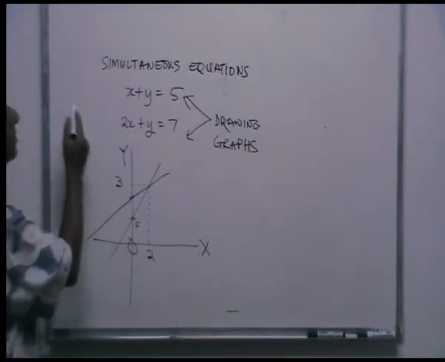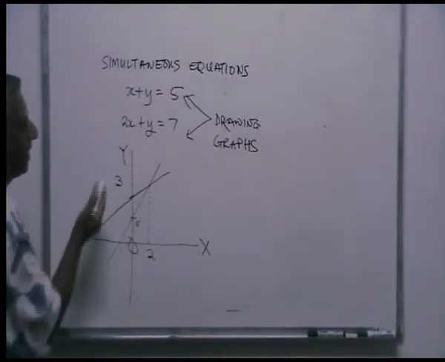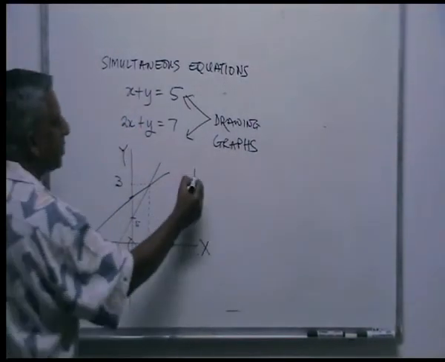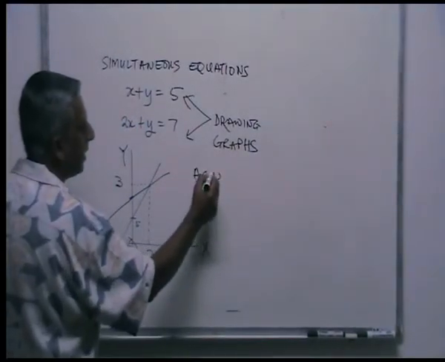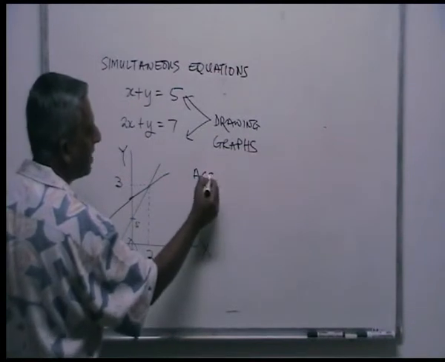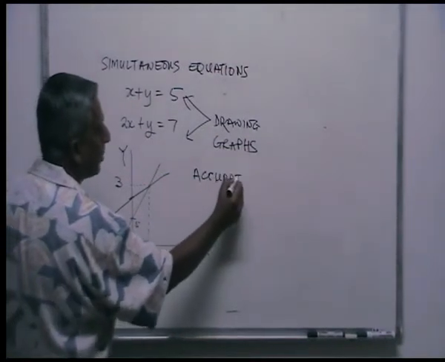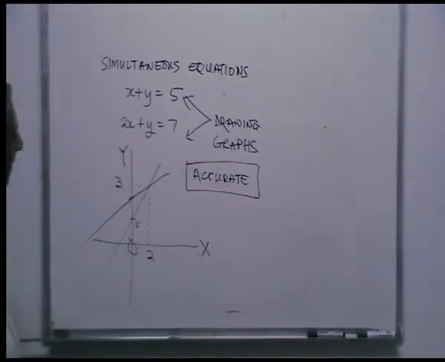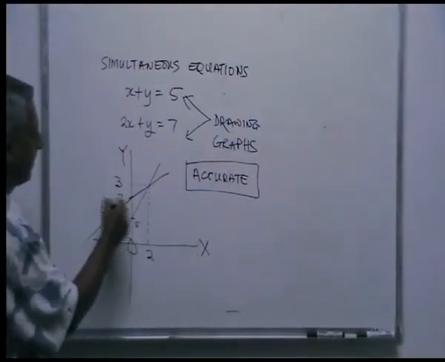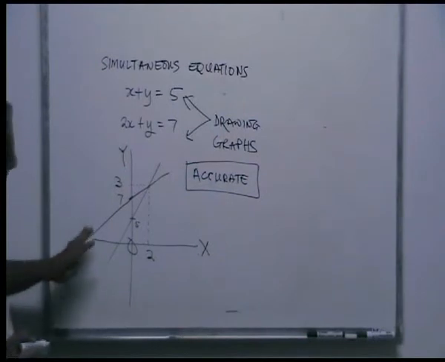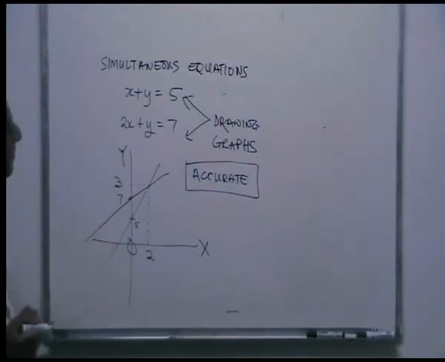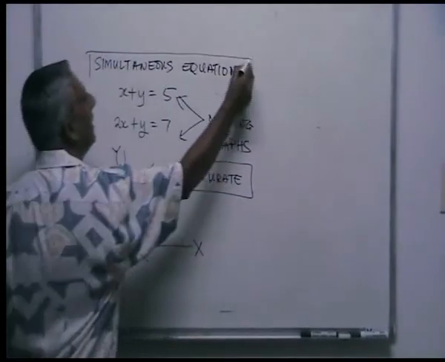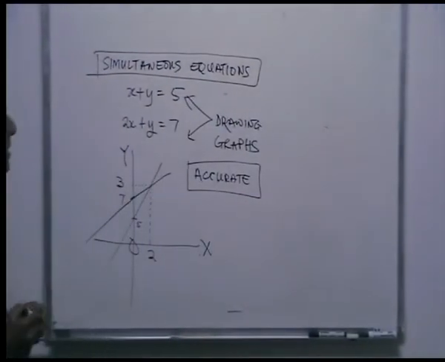I'm just saying to you that simultaneous equations like this can also be solved by using graphs, and remember you have to draw accurate graphs. If you want to get the answer, you'll have to draw accurate graphs. I haven't drawn an accurate graph, I've just drawn a rough sketch because I know the answer. I'm giving it to you, but basically this is how it's going to be done, and you're going to learn this a little later after we do graphs.